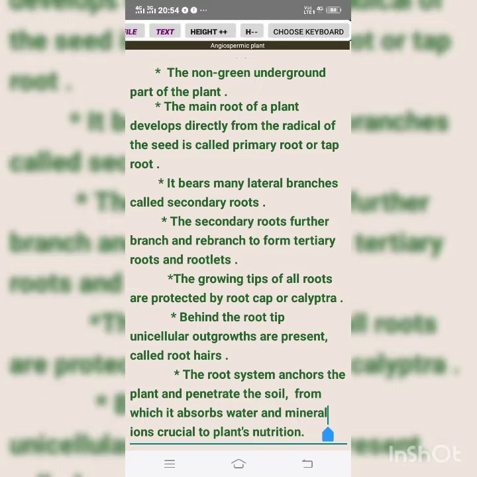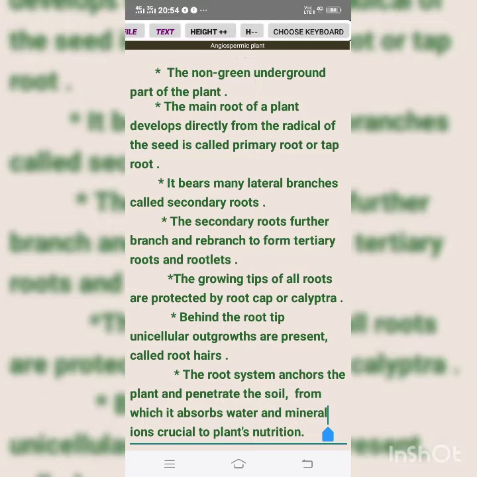Then they further branch and rebranch to form tertiary roots and rootlets. That means from the radicle of the seed, the taproot grows, and then from taproot, secondary root, tertiary root and rootlets come out. The growing tips of all roots are protected by root cap or calyptra. The root cap is called calyptra.